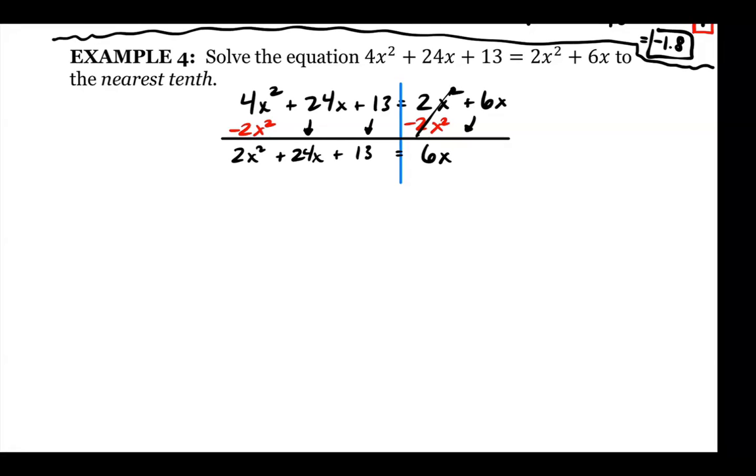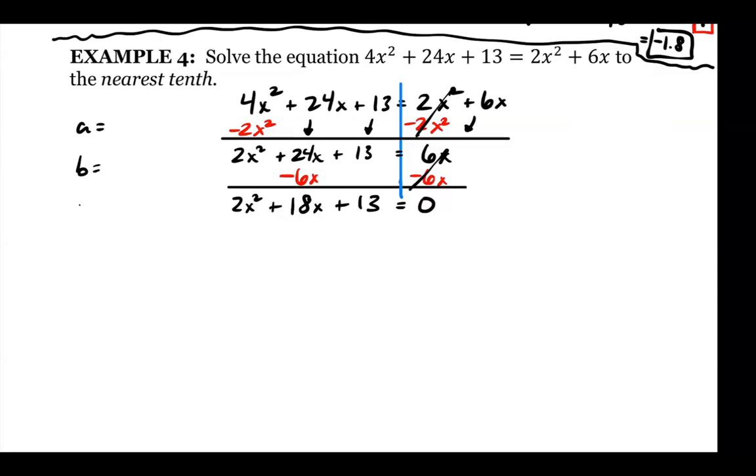Okay, and then the next one I got to do is subtract 6x from both sides. Two x squared plus 18x plus 13. Now it's in standard form. Set equal to 0.